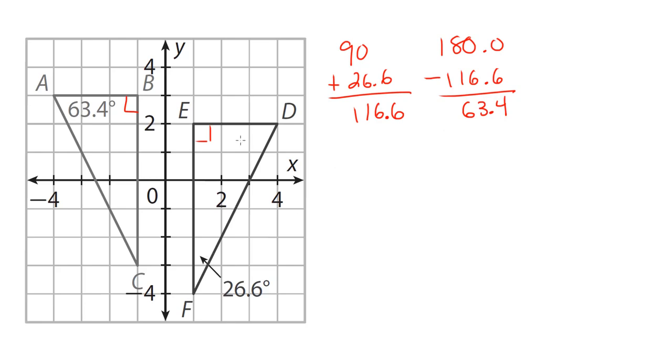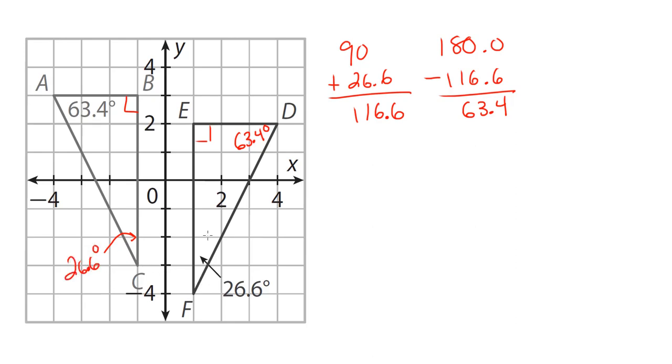So now I know the measure of this angle here, angle D, is 63.4 degrees. And if I follow the same process on this triangle, I will see that this angle here measures 26.6 degrees.